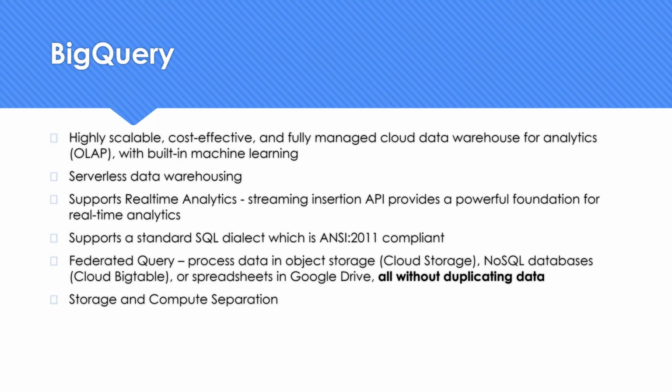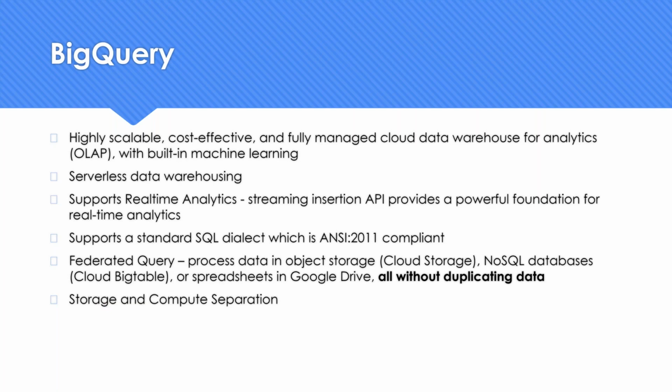You send a query, and compute is needed. So both are separated. What's the advantage of separating it? Basically you get scalability. If more data needs to be stored, I only scale my storage. If more querying capacity is required, I scale my compute independently.